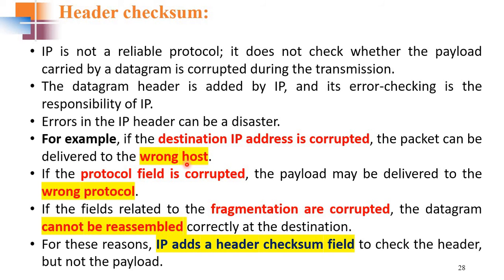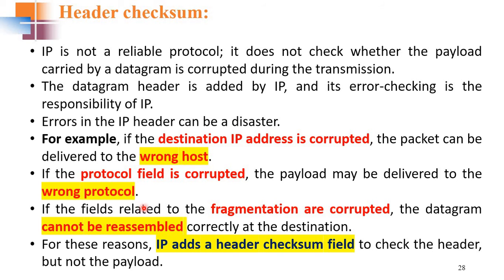If only the protocol field is corrupted, the payload will be delivered, but the protocol will be wrong. What is this protocol field? We have seen UDP, IGMP and so on. If I have wrong information in the protocol field, it will go to the wrong protocol at the receiver side.